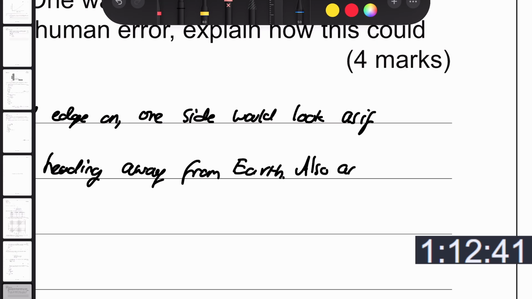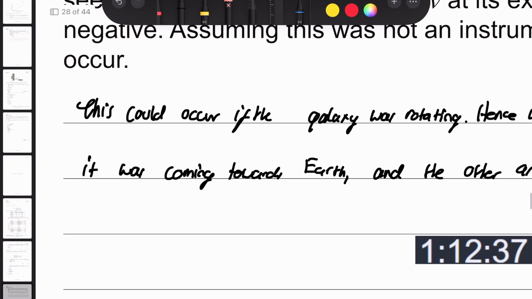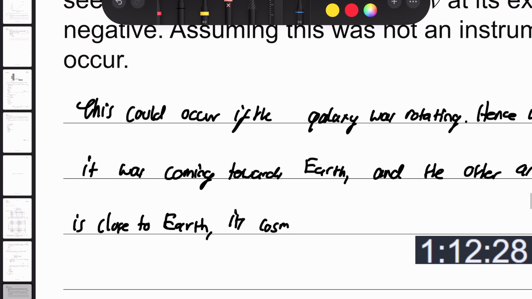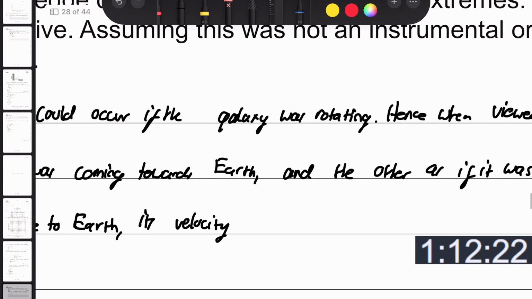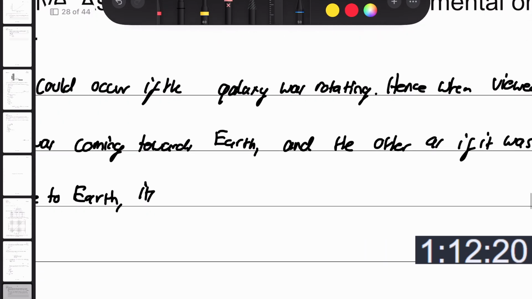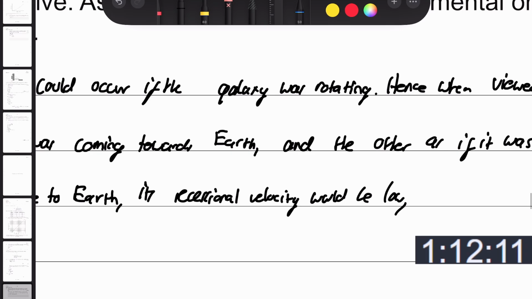Also, as the galaxy is close to Earth, its cosmological velocity, its recessional velocity, will be low.